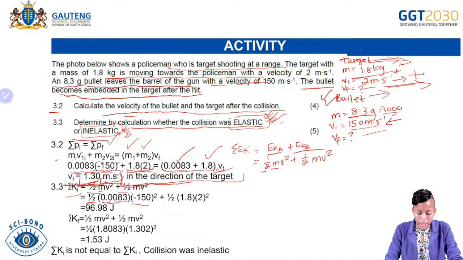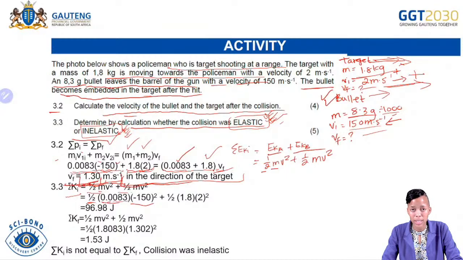Remember the initial velocity of the bullet was -150, because the bullet was moving in the opposite direction of the target. We continue with the very same directions that we used in 3.2. So -150 squared, plus half, now dealing with object B. The mass of object B is 1.8, and the initial velocity of object B was 2.